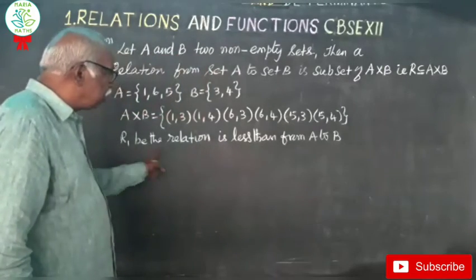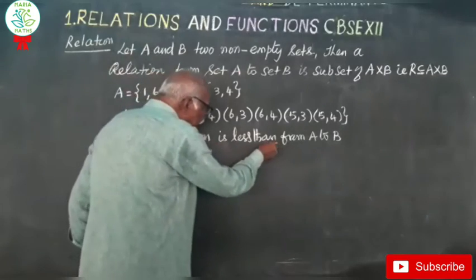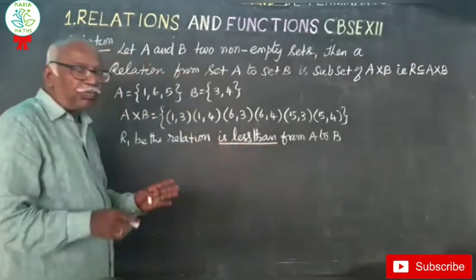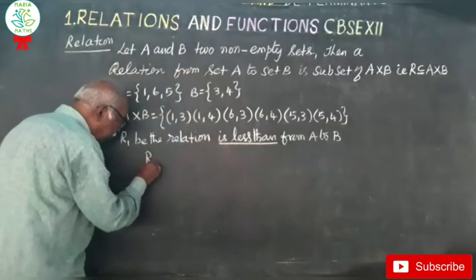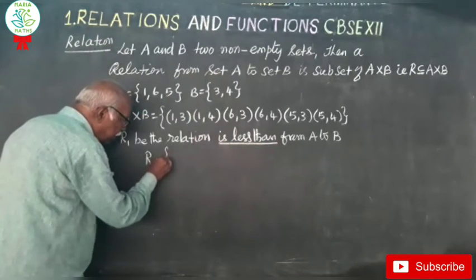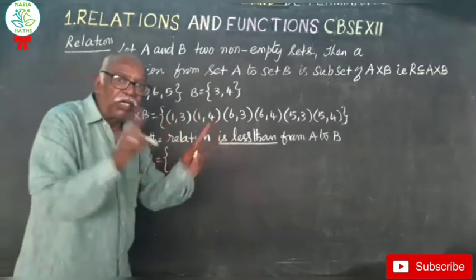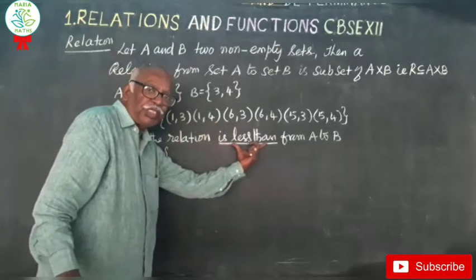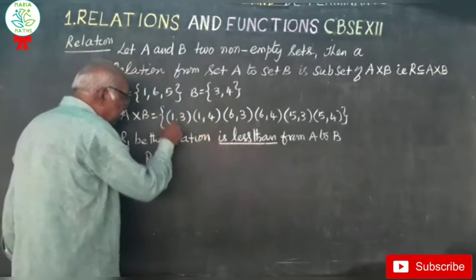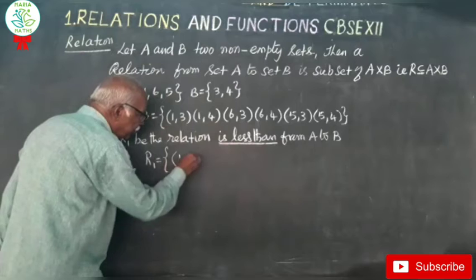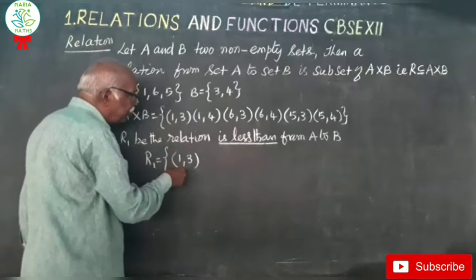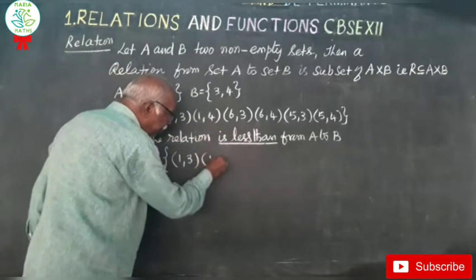Here, R1 be the relation is less than from A to B. So we have to write R1, open a set bracket, and write all the ordered pairs which obey this condition. Here, (1, 3): see, 1 is less than 3. 1 is less than 4.